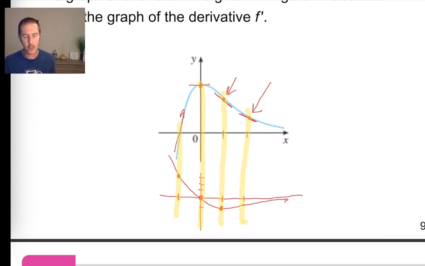What changed, though, as we went from our original function down to the graph of our first derivative function? The y values got changed. We replaced them with the slope of the tangent line. In other words, f prime of -1, f prime of 0, f prime of an x value of 1, f prime of an x value of 2. Those became our new y values.